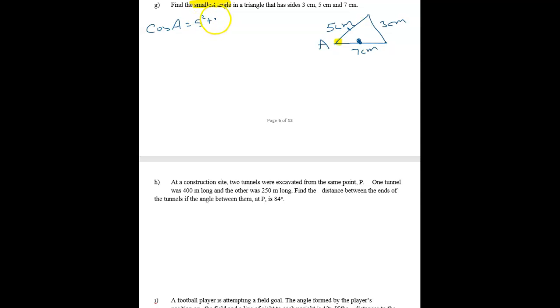So, alright, looking somewhat similar to what we were doing before. But now we say subtract 3 squared. So if I want to find this angle, I take the two sides around the angle, I square them and add them together. Then I subtract the side that is across from the angle. Then it's 2 times the same sides, 5 and 7.